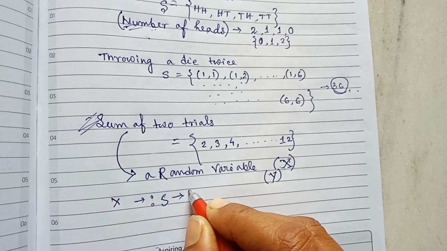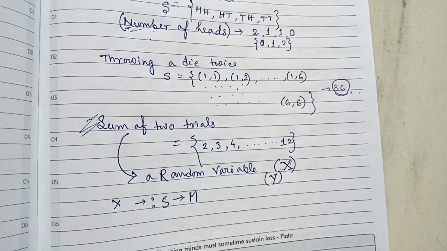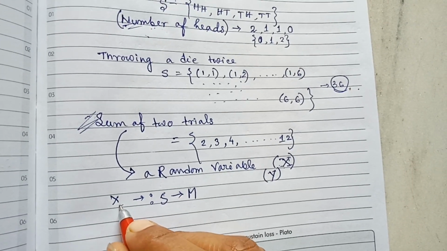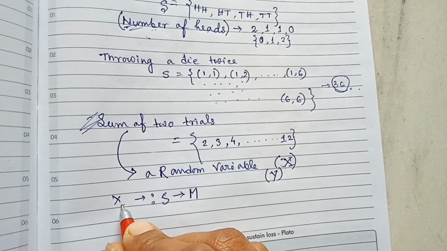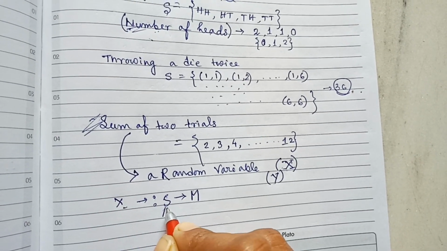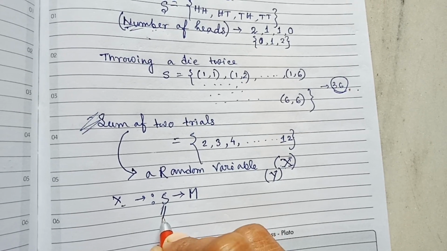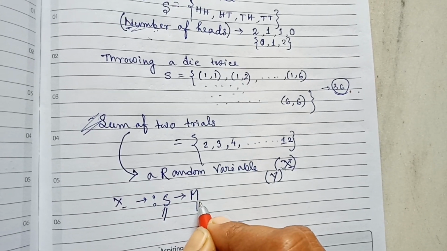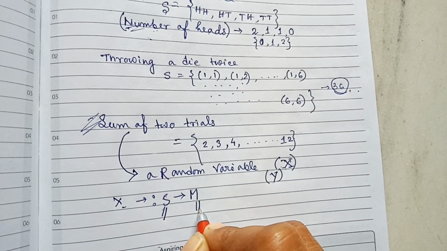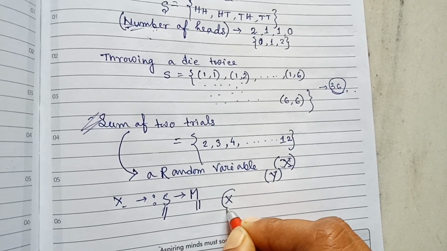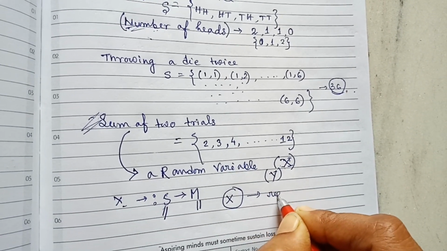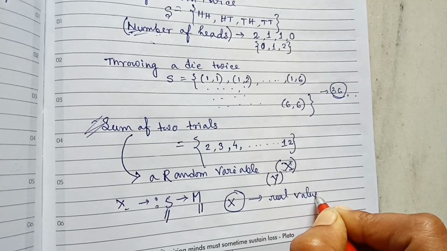Suppose this is M. That means X is a real valued function whose domain is the sample space and the range is this set M. So X, the random variable, is a real valued function.